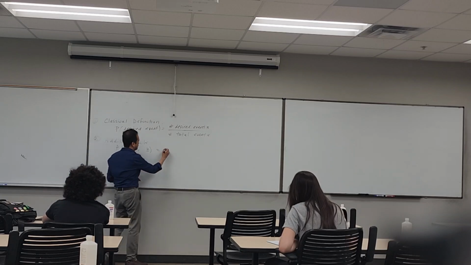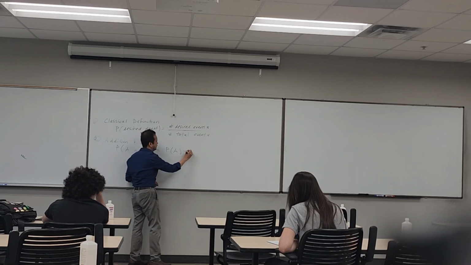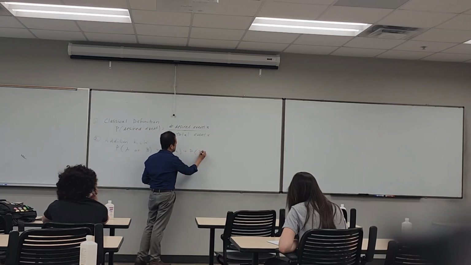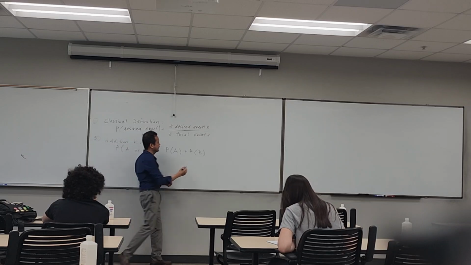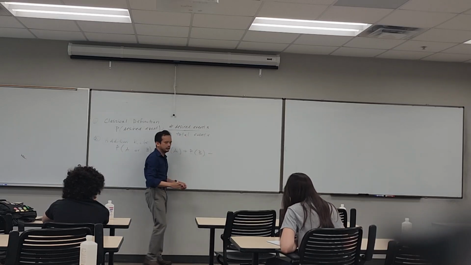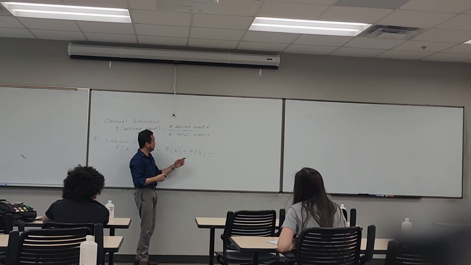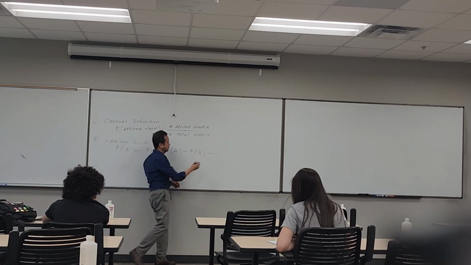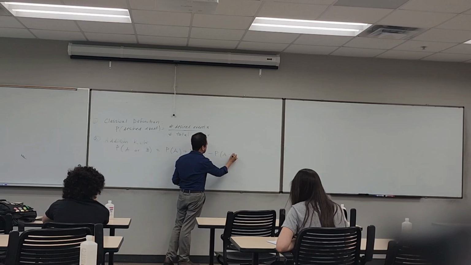So this will end up being probability of A just by itself plus probability of B just by itself. But then technically there's this minus that has to be applied that has to do with the probability of any overlap between these individual events. So this will be the probability of both A and B.